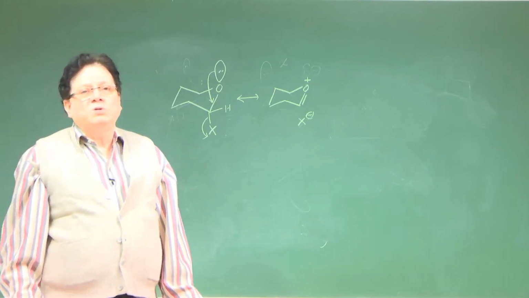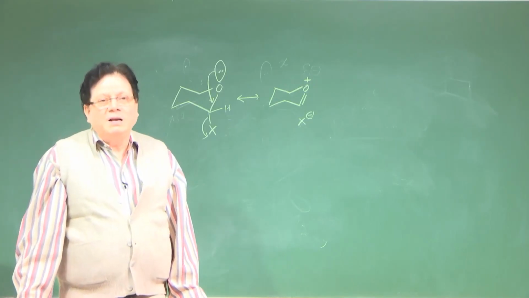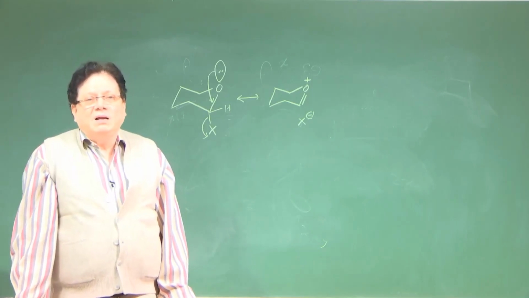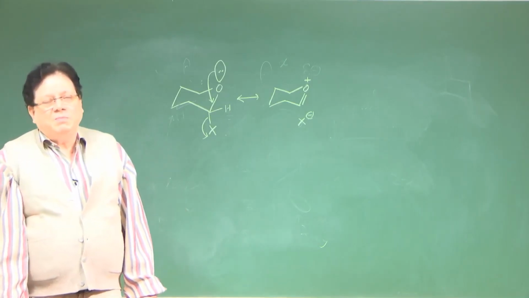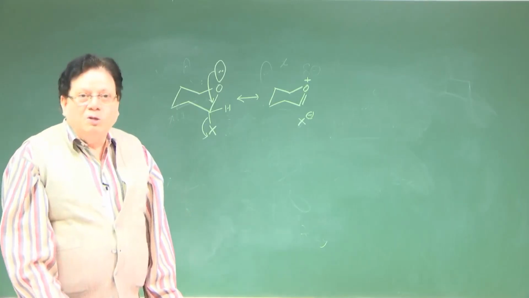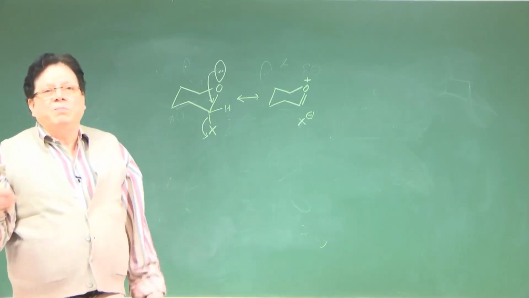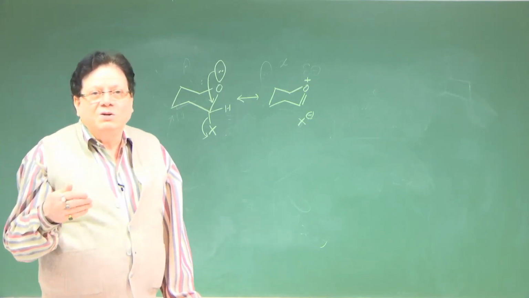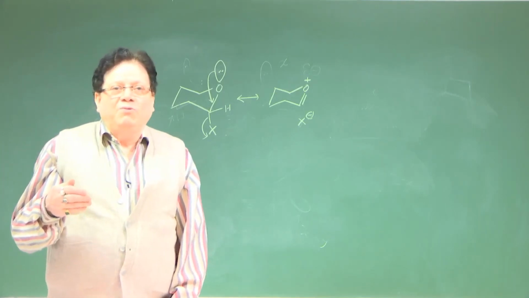You know that the groups add in an anti-periplanar sense, or when they eliminate, they have to be in an anti-periplanar position. That anti-periplanarity for a beta elimination is also what is called the stereoelectronic requirement for the reaction.